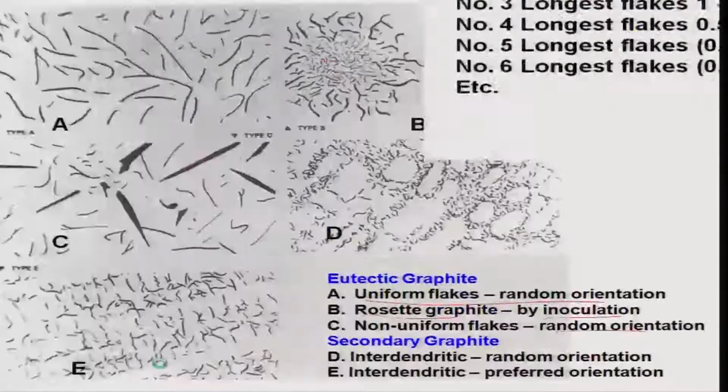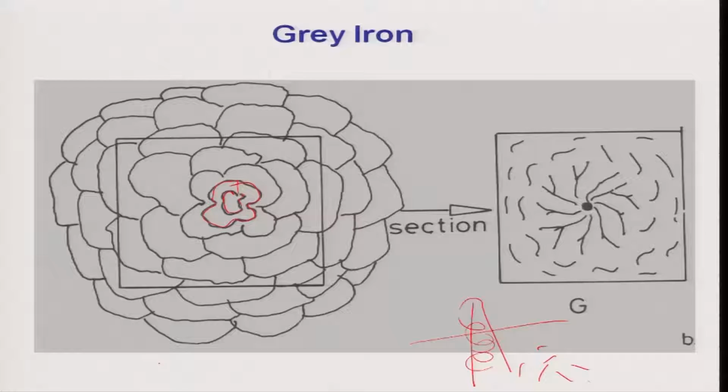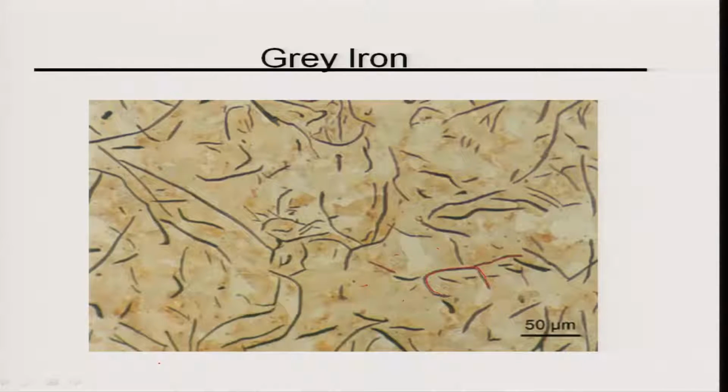Suppose these are the flakes in a gray iron matrix. As you see here, every flake has an end, and the end is very fine, very thin, of the order of a few tens of nanometers.